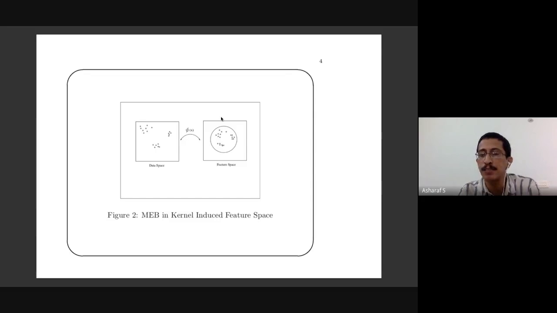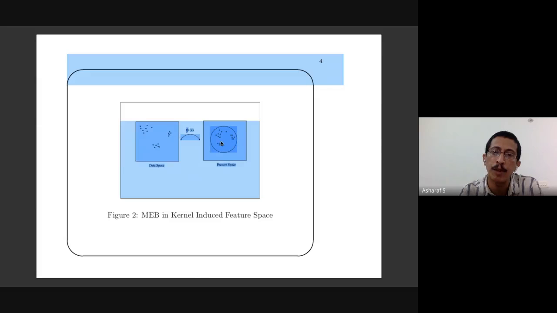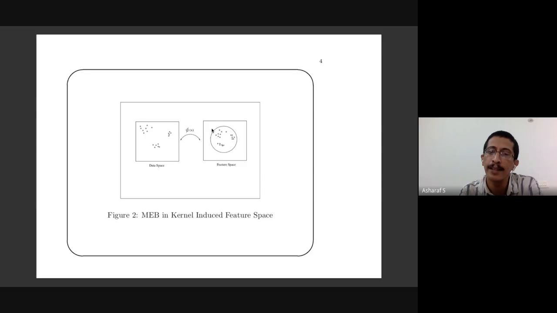Without an explicit transformation, you can compute the MEB in a feature space using kernel functions. If I found the MEB, which means I know which points fall on the boundary, can this boundary be mapped back to the original space? If I map the boundary points back to the original space, what will happen here?